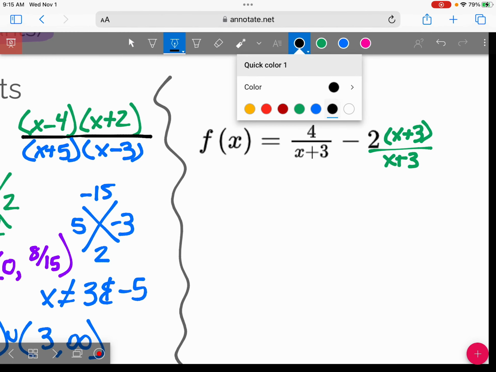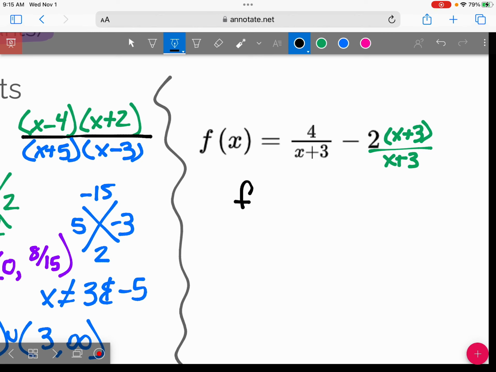So to write this as something that we can do this with, we're going to have f of x. Our common denominator is going to be x plus 3. What's my numerator going to be? Negative 2x. I hear debate. I have a positive 4, negative 2 times 3. So positive 4 minus 6, minus 2.